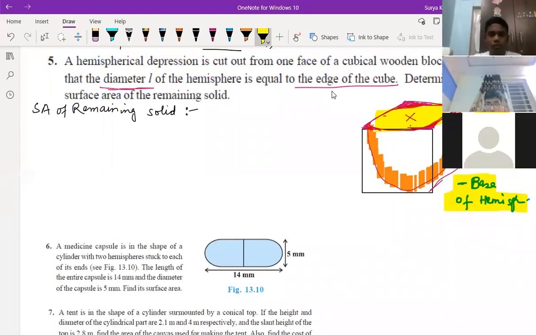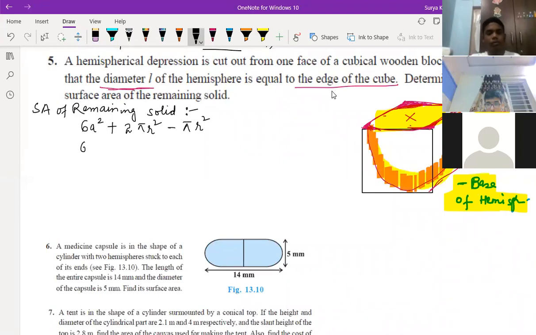Okay. Now we can use a formula here: 6 sides, 6a square, plus CSA of hemisphere 2 pi r square, minus base of hemisphere pi r square.